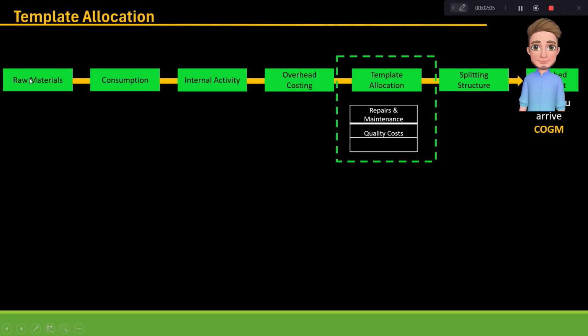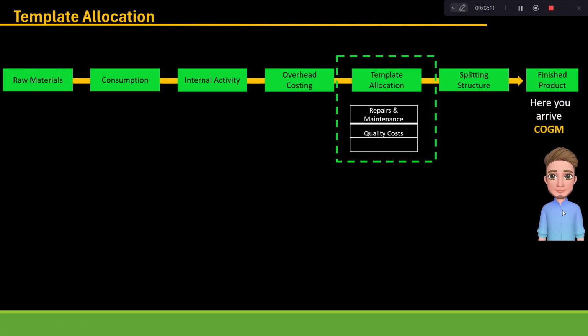So you see we saw raw materials. Now this particular path that you see is where your cost of goods manufactured in the journey till the finished product. You have raw materials which are consumed, then internal activity cost which is getting charged to the order, then overhead costing. Now we are looking at template allocation.